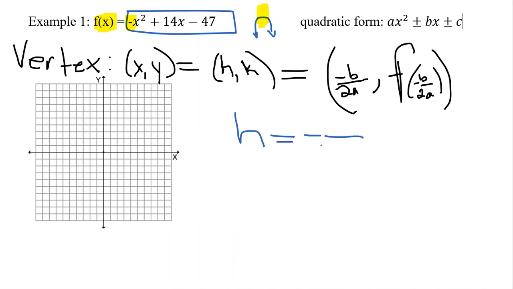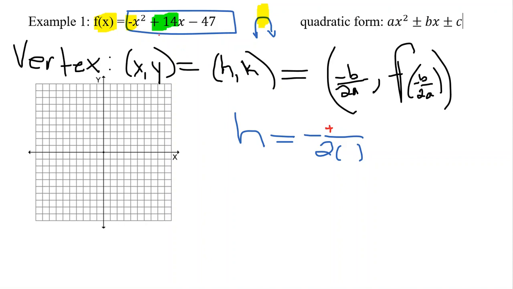H is negative b over 2a. What is b? If we look at it, we see that b is a positive 14. It's important that you notice the positive because we would have to plug that in right here. If we plug positive in here, positive times negative is still going to stay negative.